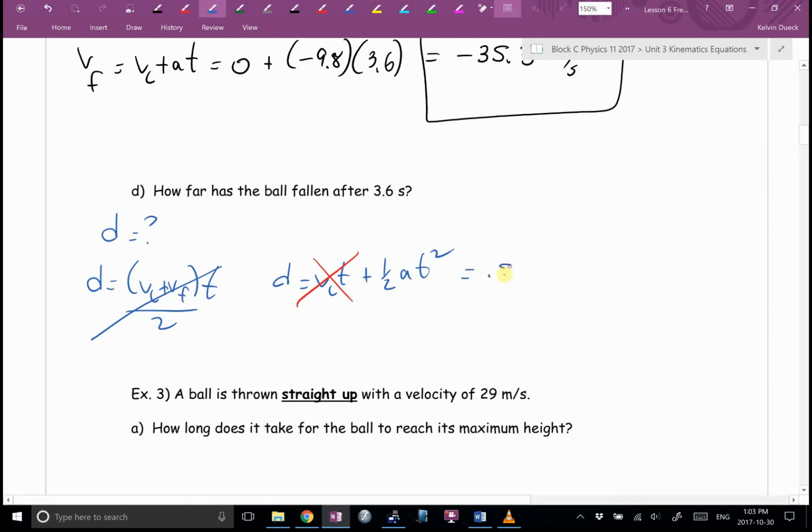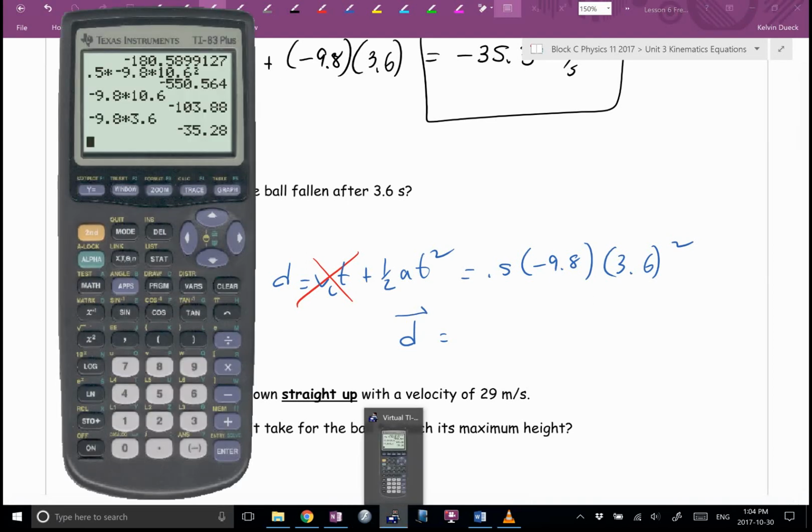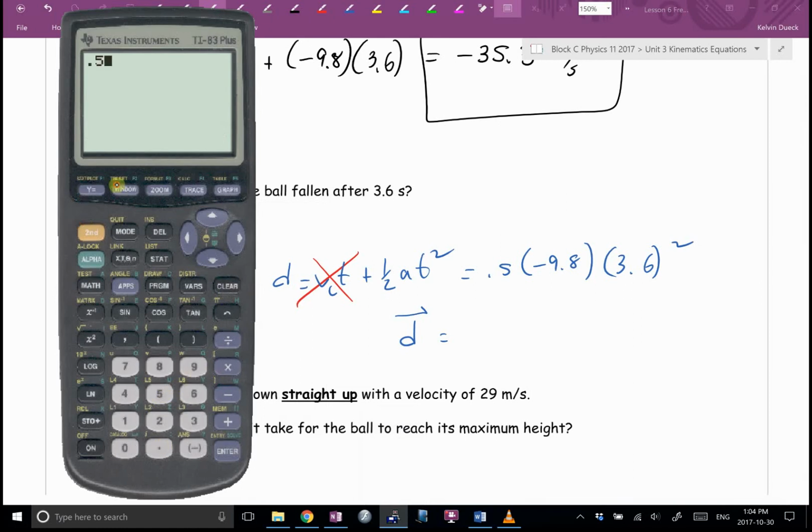So it's going to be 0.5 times negative 9.8 times 3.6 squared. What do we get for how far it's fallen? 0.5 times negative 9.8 times 3.6 squared.